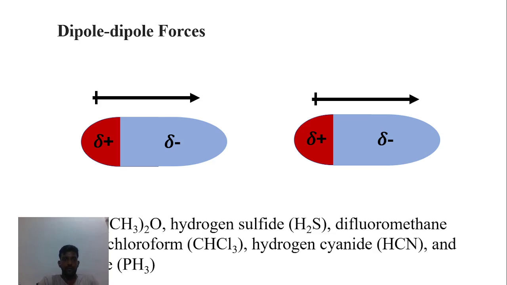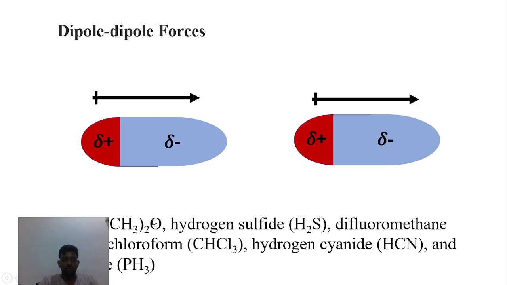So it means that there is a separation of positive and negative charge. I have deliberately marked positive and negative just to show that the electron density is more shifted towards the negative charge. If this system has to attract another system, then it should have a partial positive and partial negative, so there will be forces of attraction.